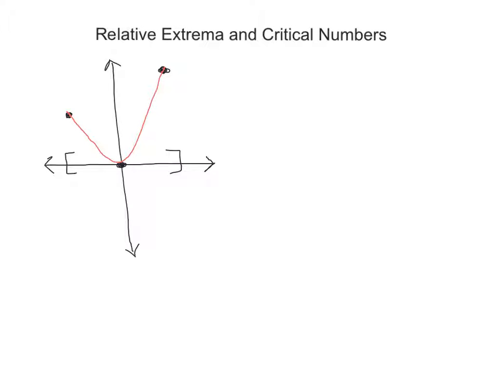So the min and max of a function on a closed interval are usually called absolute mins and maxes. Let's say, looking at this quick sketch, we have a closed interval between -2 and +2.